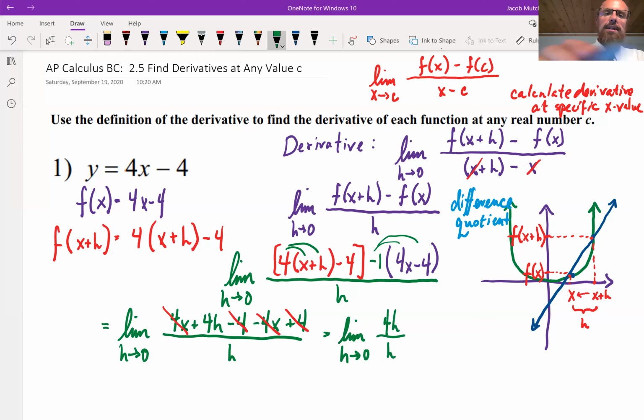And then again, I see an additional cancellation of the h's by division. And this is simply the limit as h approaches 0 of 4. And recall, when you don't have a variable there in your limit function, you just simply write 4.